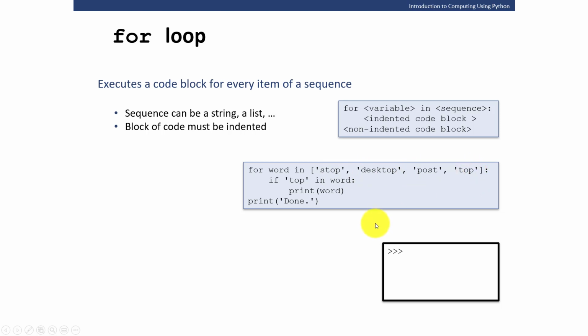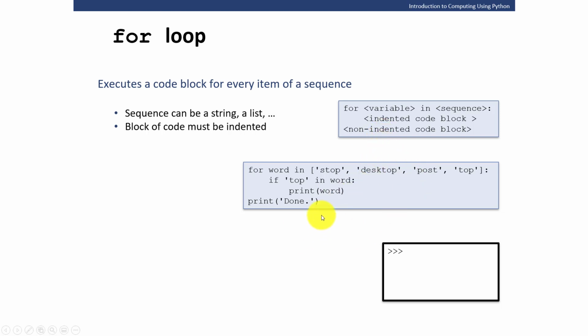Okay, so that's what happened. So the general template for the for loop is for variable in a sequence, and you have an indented code block, and after that you get back to the line of code that you need to execute.